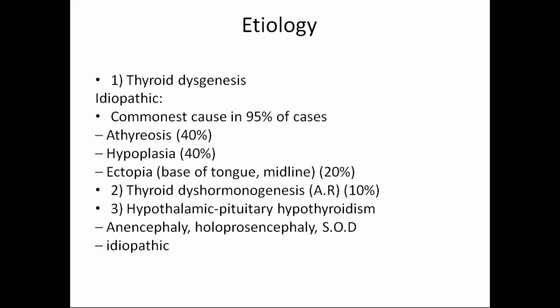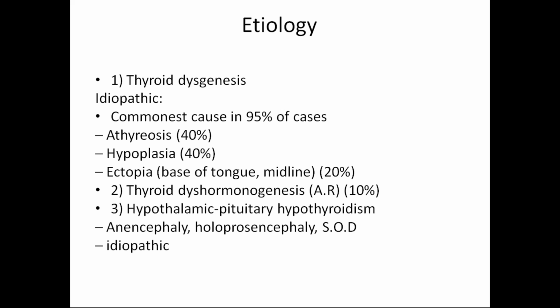The formation is defective. Either it is absent, or it is not in the place where it should be, or it is not the size it has to be. That is athyrosis, hypoplasia, and ectopia. All these constitute your dysgenesis. The classification is important. You can't put ectopia in dysharmonogenesis.